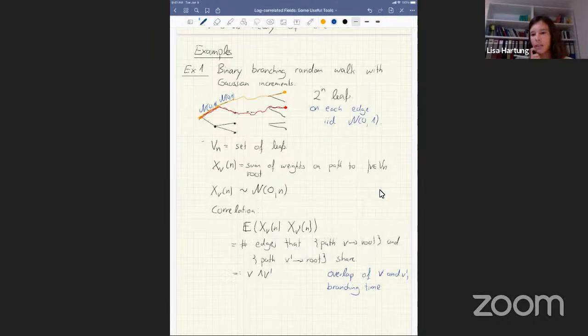And usually this is a very prototypical model for log correlated fields. I must admit, it's not very obvious from this definition why it's log correlated, but one can argue this, that it's in this class of models.